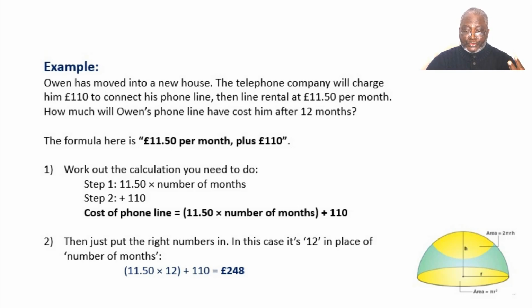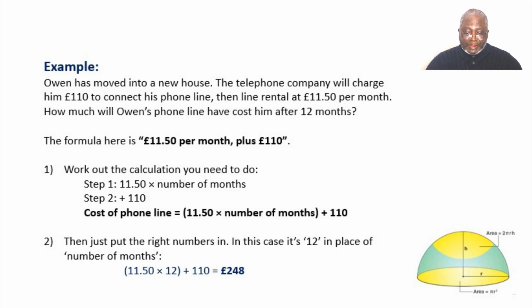2 points. The formula here is £11.50 per month plus £110 connection fee. The cost of the phone line is equal to open brackets £11.50 times number of months close brackets plus 110.